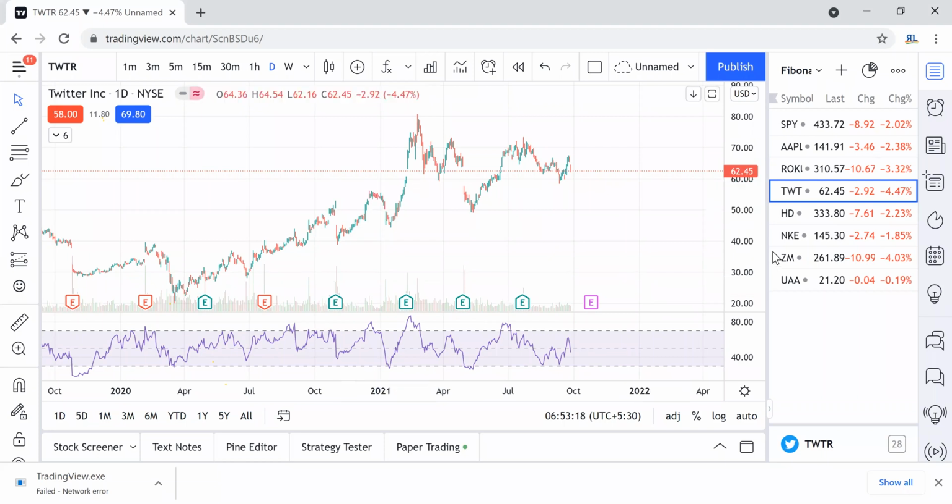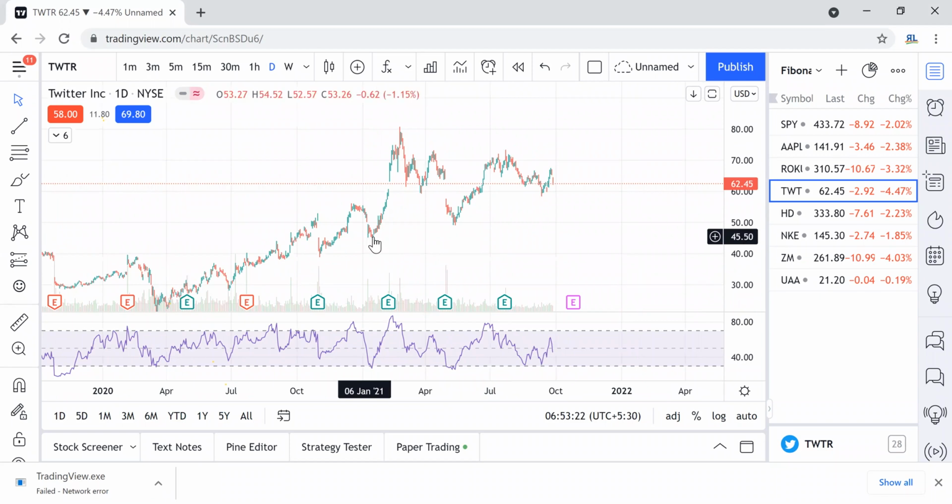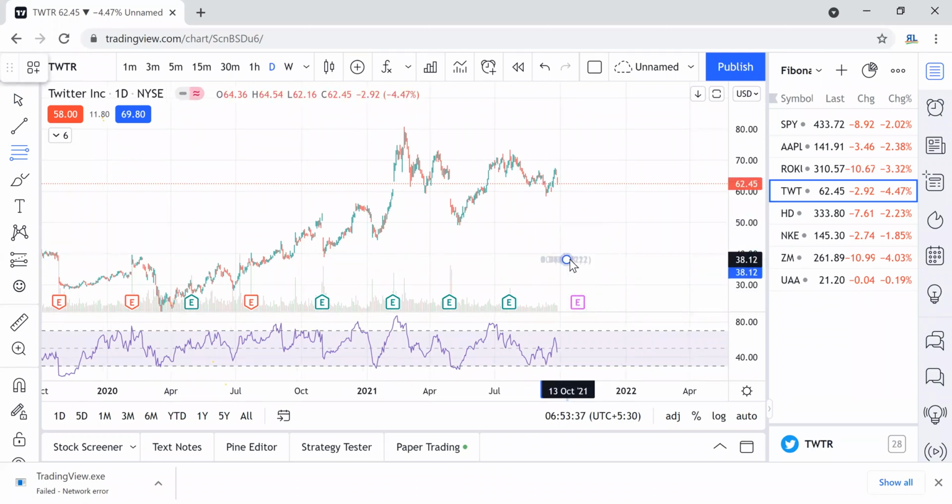Okay, all right. So let's look at Twitter again, and I would say this right here is a good bull run, and then we've had this bear momentum from then on. So let's do fibs from here. Well, one could argue all the way down here. Okay, let's be fair and we'll do it all the way down.